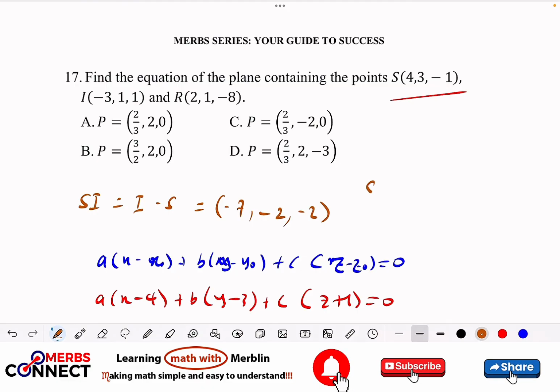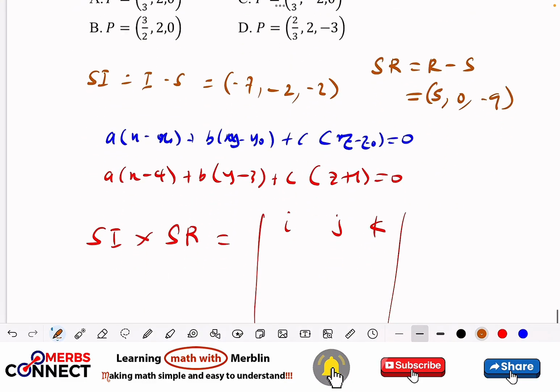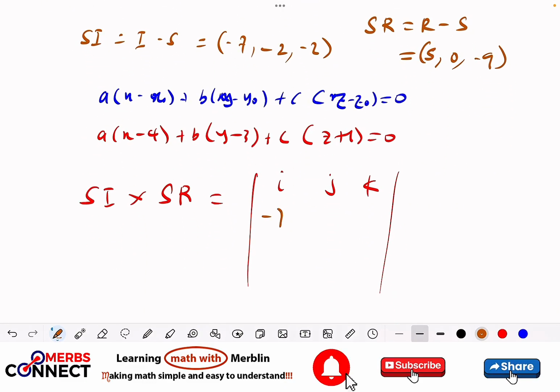And let's look for SR, R minus S. This minus this is going to be positive, so we have 5. Then this minus this will be 0. Then this minus this will be minus 9. So that's what we need: minus 7, minus 2, minus 2, 5, 0, minus 9.